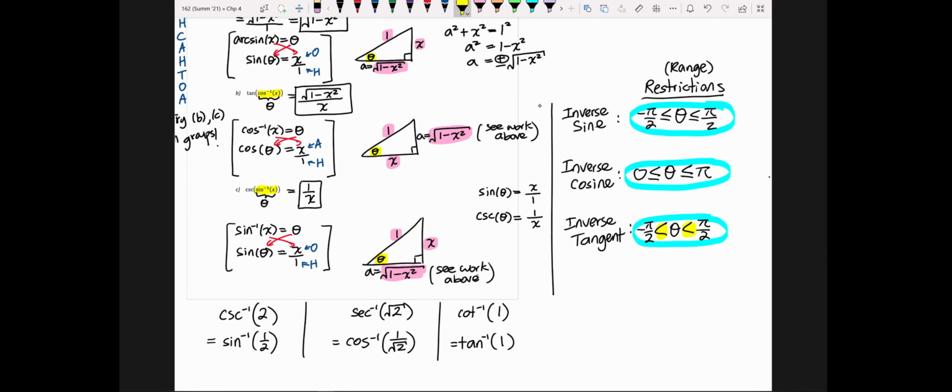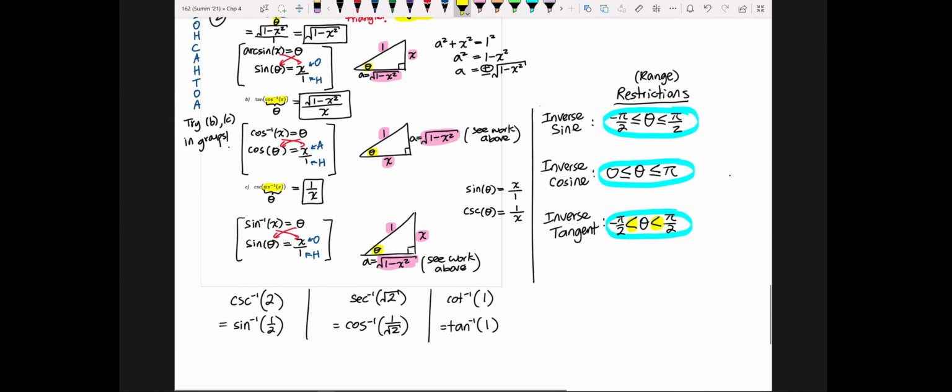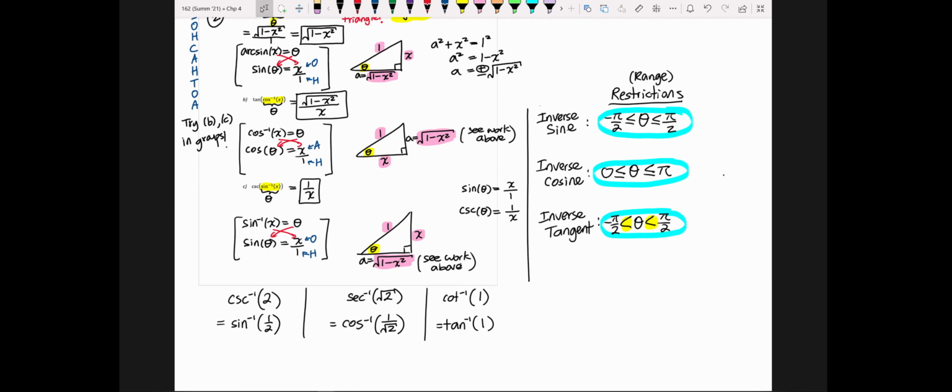The reason it's exclusive is at those endpoints, tangent of negative pi over 2 or tangent of pi over 2 would be undefined. So that's why inverse tangent doesn't include the endpoints. Thank you. Okay, great. So pay attention to the restrictions. Inverse sine and inverse cosine have inclusive ranges. Inverse tangent has an exclusive range.